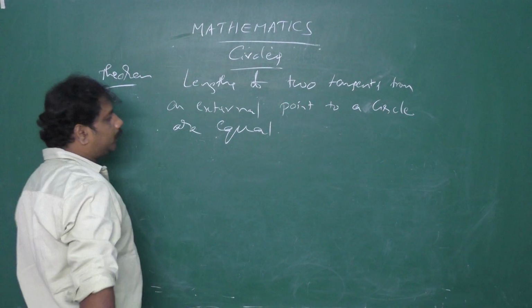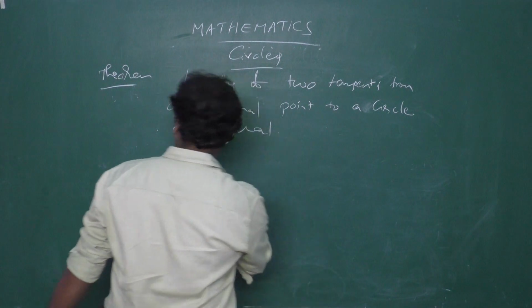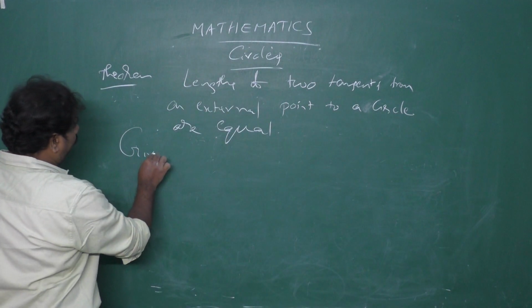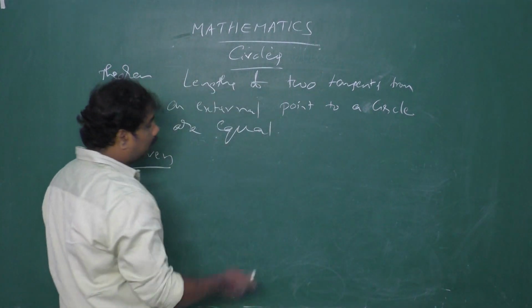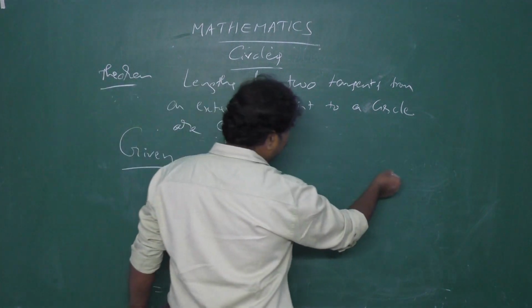When we are going to give proofs of the theorem, first we should write the given. Given means we are going to write the given information. What did they give?